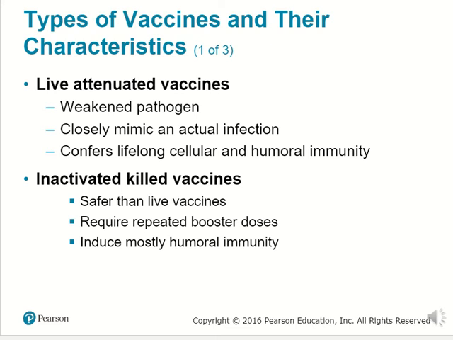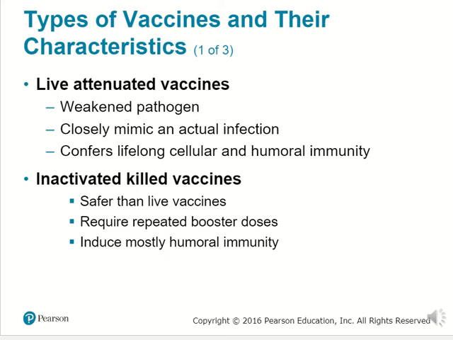Now, inactivated or killed vaccines basically consist of a virus that was either heated or exposed to chemicals that made it no longer functional and reproducible. Inactivated or killed vaccines are typically safer than live vaccines, because even a live attenuated vaccine is still a living pathogen.